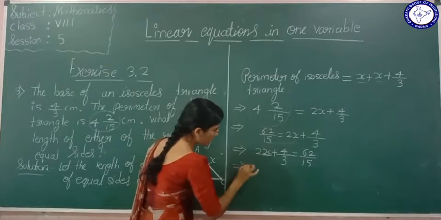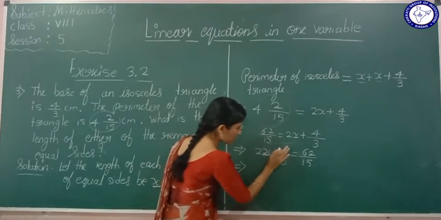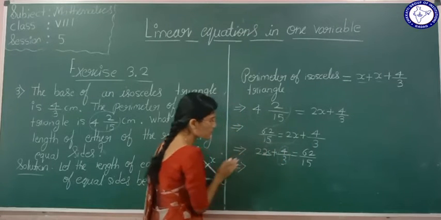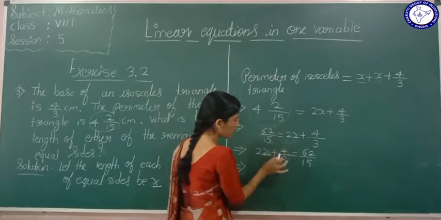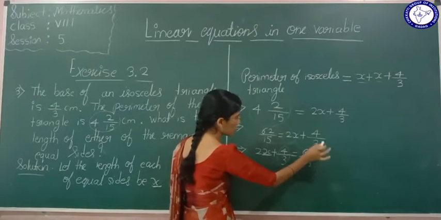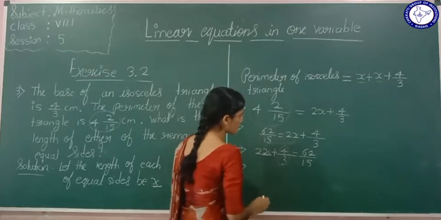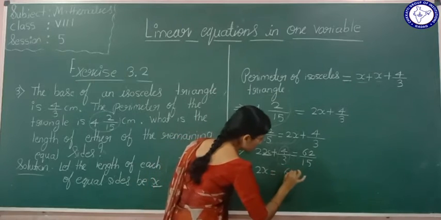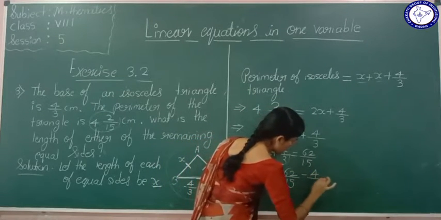So this implies we will eliminate this 4 by 3. To eliminate this 4 by 3, what we have to do? Transposing 4 by 3 to the RHS. 2x is equal to 62 by 15 minus 4 by 3.